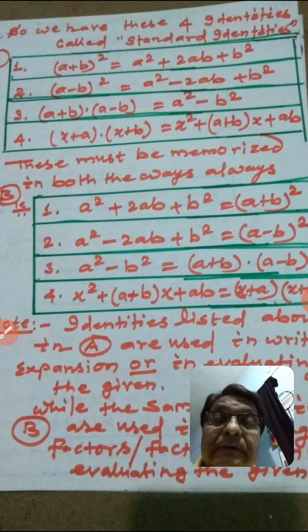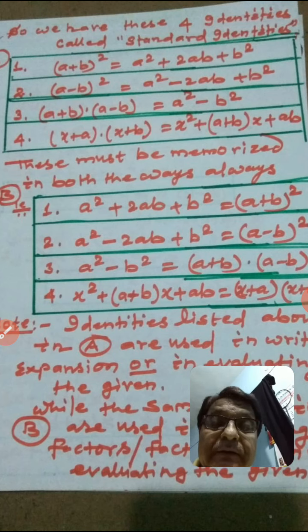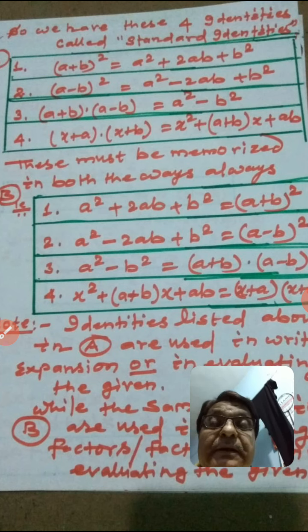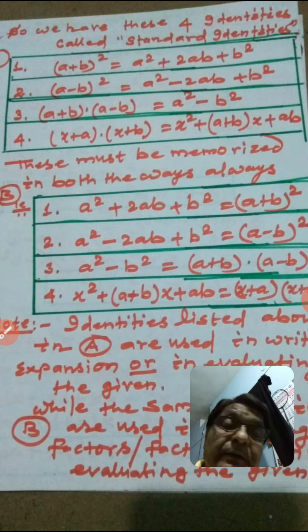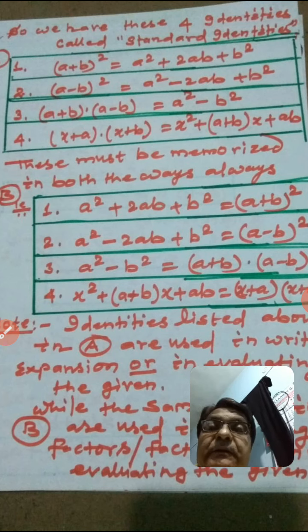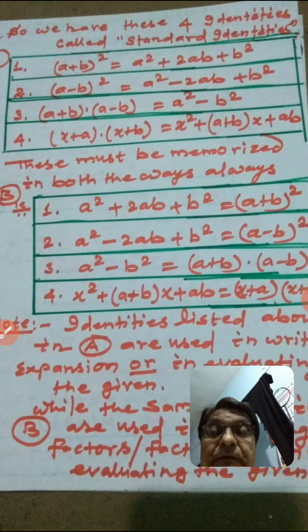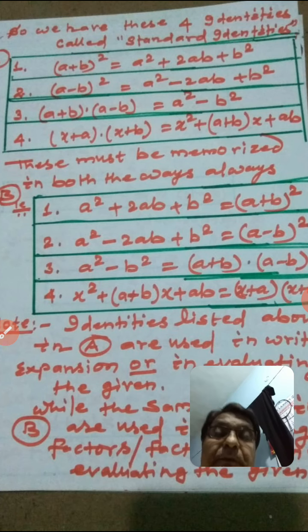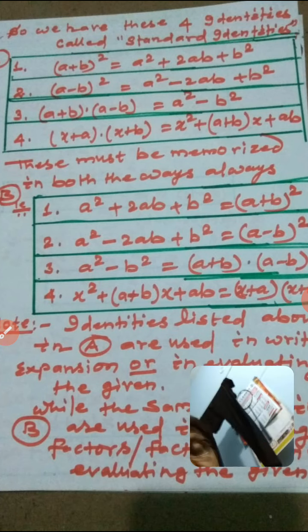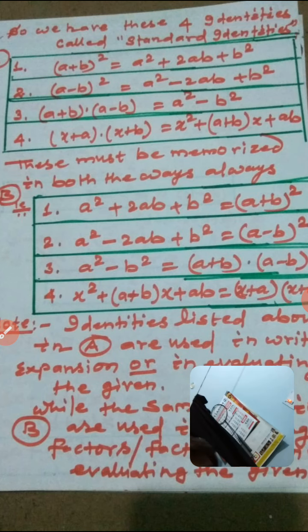I have just reversed the order. Now the second one: a square minus 2ab plus b square equal to a minus b whole square. Third one, a square minus b square is equal to a plus b into a minus b. And the fourth one, x square plus a plus b into x plus ab equal to x plus a into x plus b.